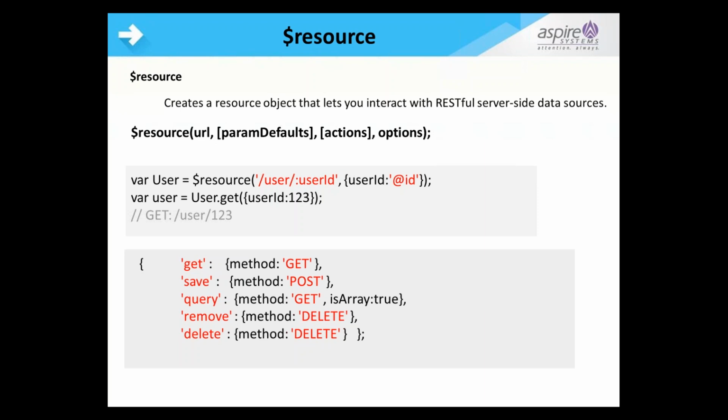For example, you are fetching some 10 user records. After that, if you don't want one particular record, then with $HTTP you have to make an additional new call. Instead, once the data is returned, you will get an object, here the user, and just put user.$delete with the id.